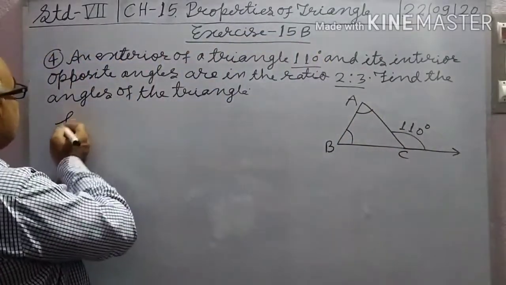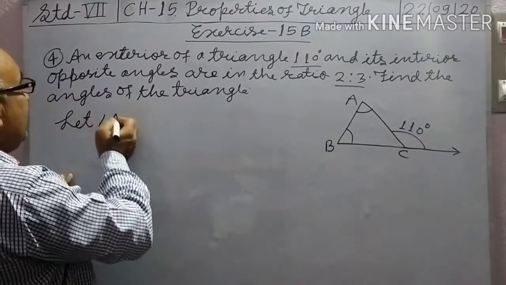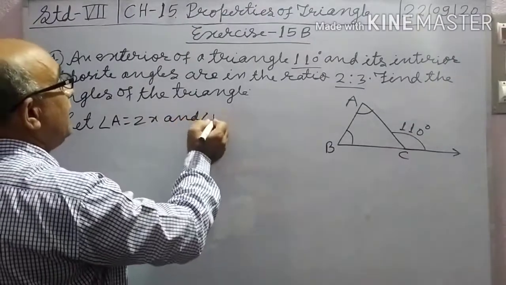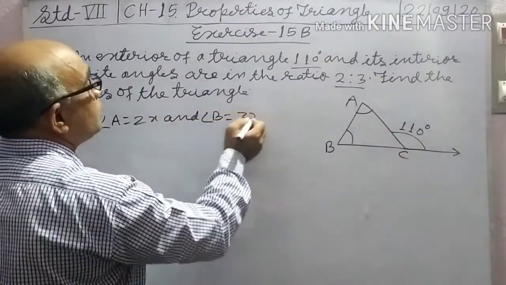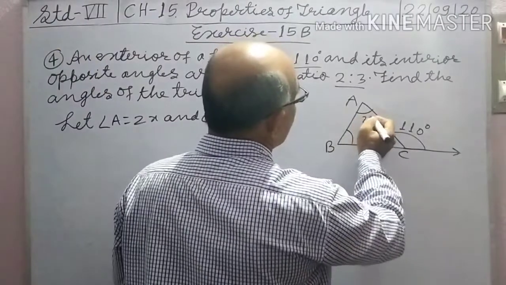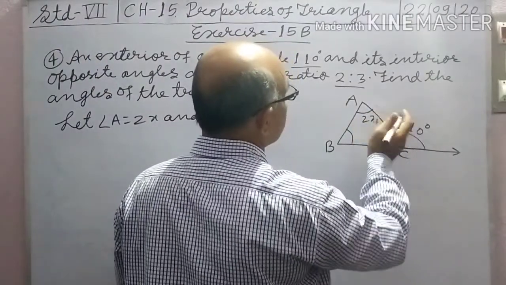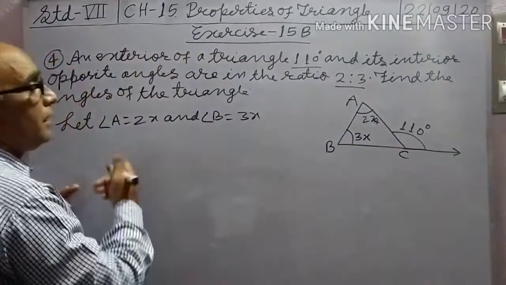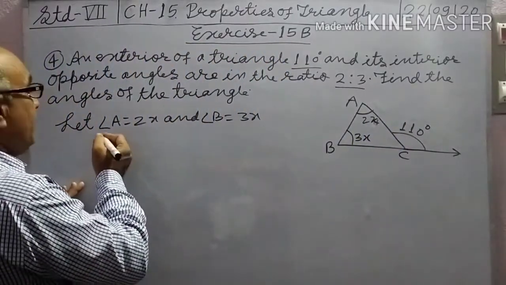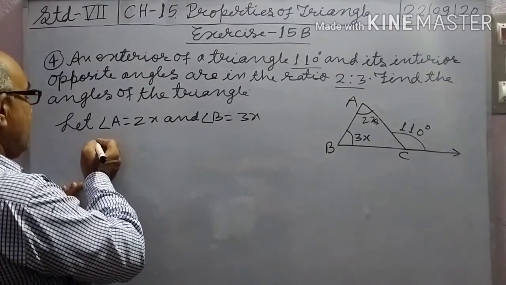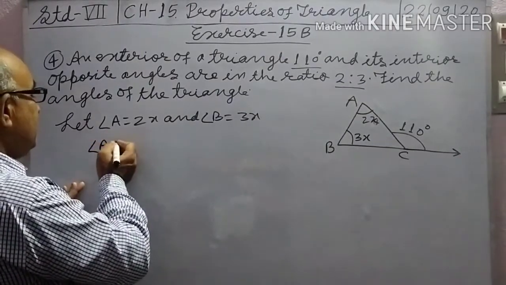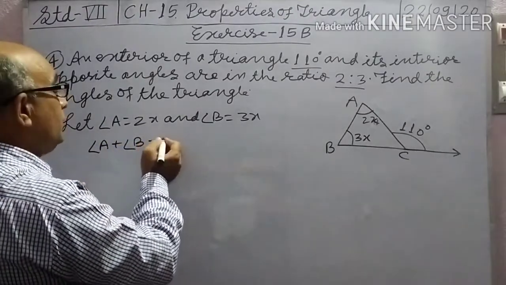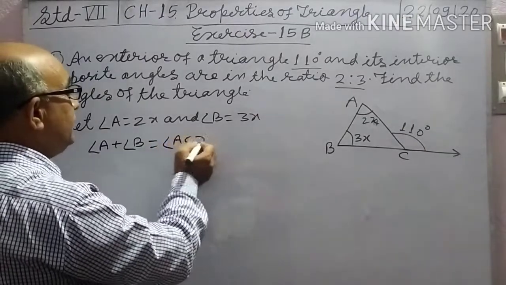Let angle A equal to 2x and angle B equal to 3x. By exterior angle property, angle A plus angle B equal to angle ACD.